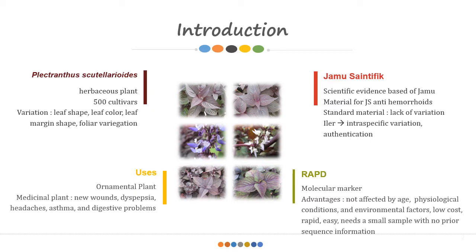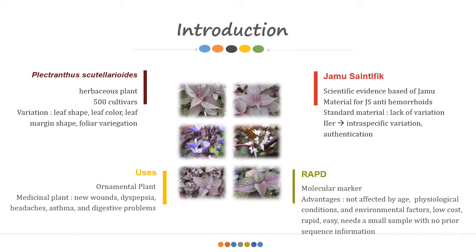In view of its medicinal utilization for jamu scientific, and in order to ensure the quality of its supply, a standardization process is usually needed. Iler standardization deals with its intraspecific variation, also adulteration or substitution among species in the genus.